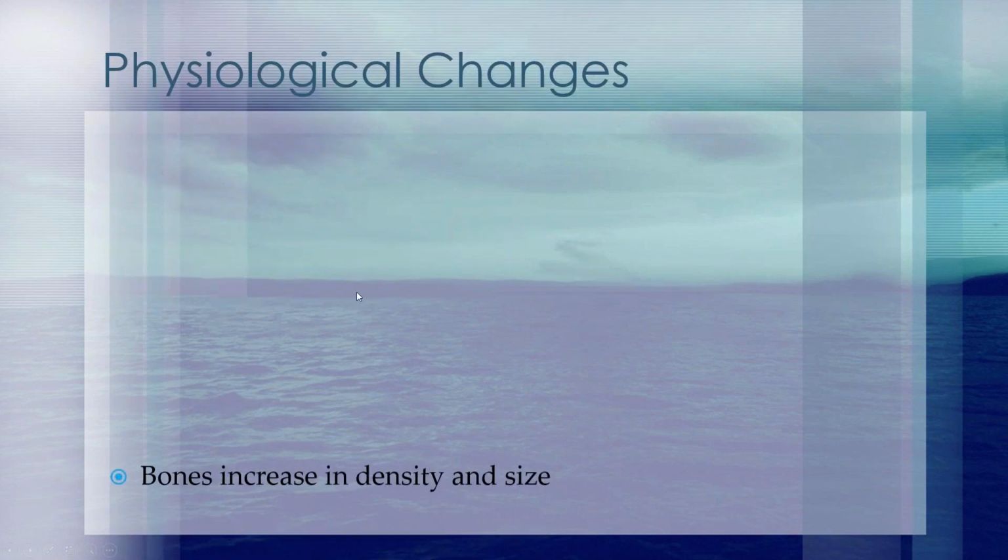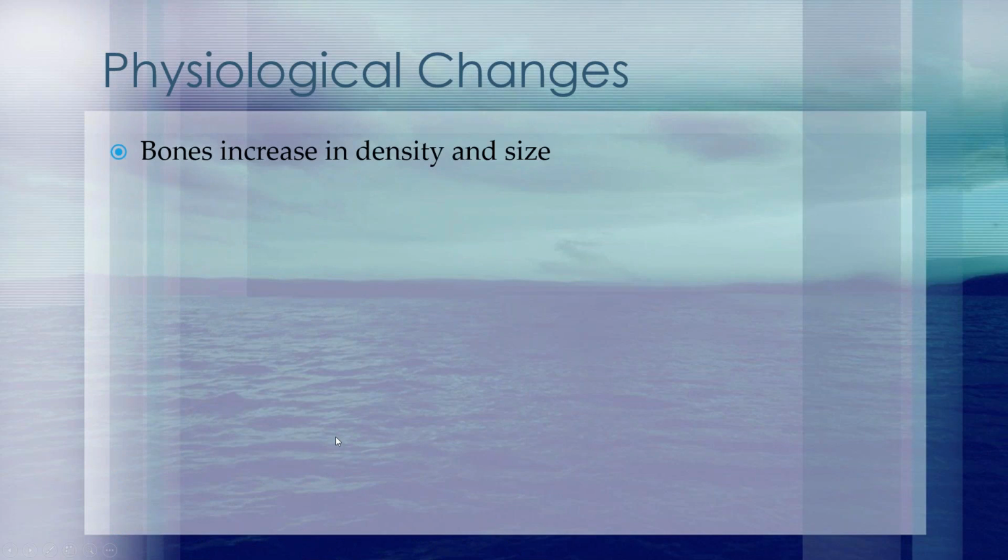Now with physiological changes, we start to see a drastic increase in calcium buildup inside the system. And as a result, we see those bones increase in density and size. So prior to the school-age children, as far as fractures go, oftentimes what we would see is what's called green stick fractures.